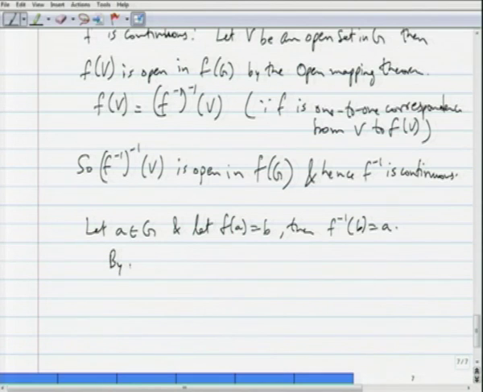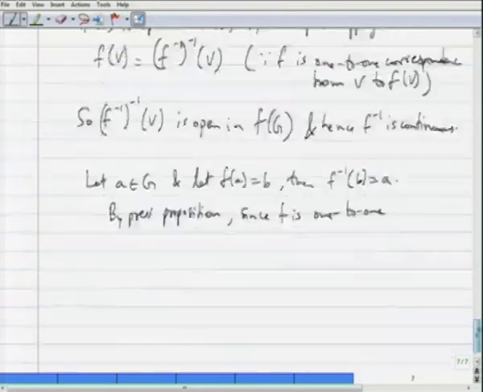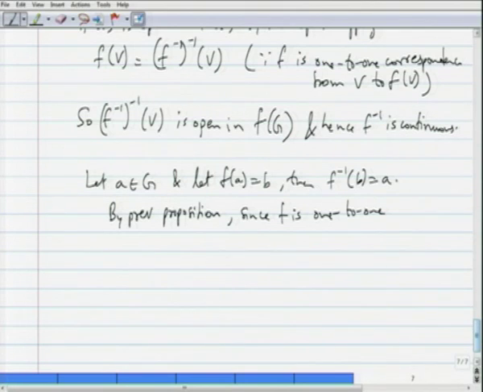By the previous proposition, since f is 1 to 1, we have shown that once we have a 1 to 1 function on an open set, f prime is non-zero, or f is conformal. So, f prime of f inverse of B, namely f prime at A, is non-zero.